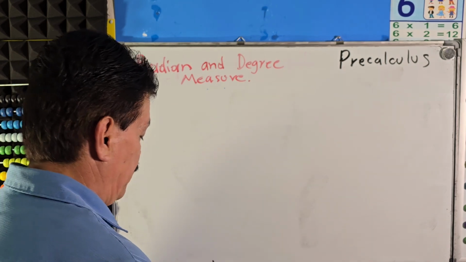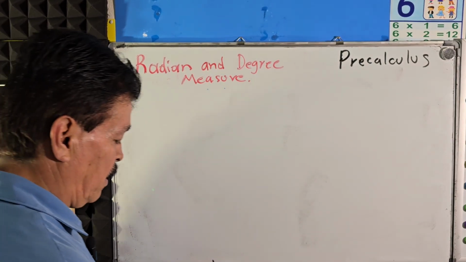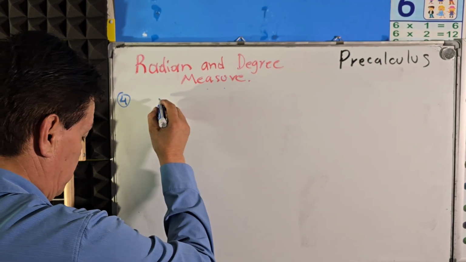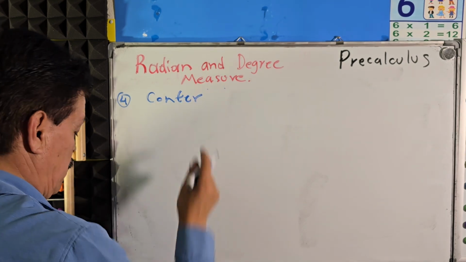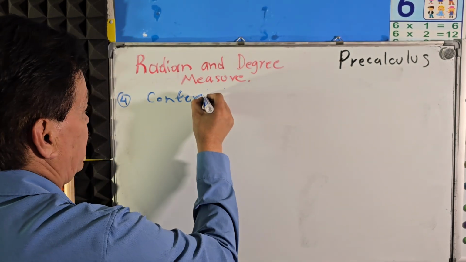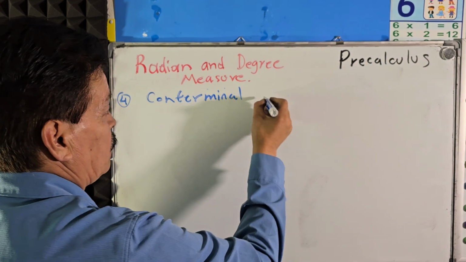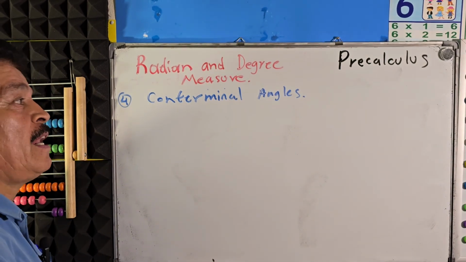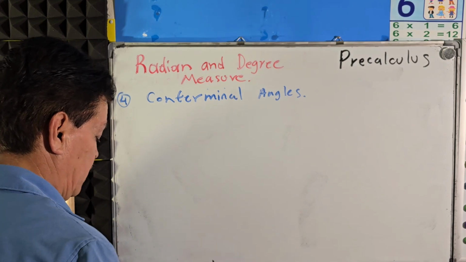So now section number 4. This is a little different. This is called coterminal angles.